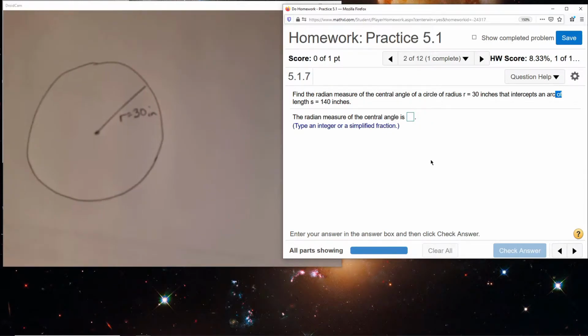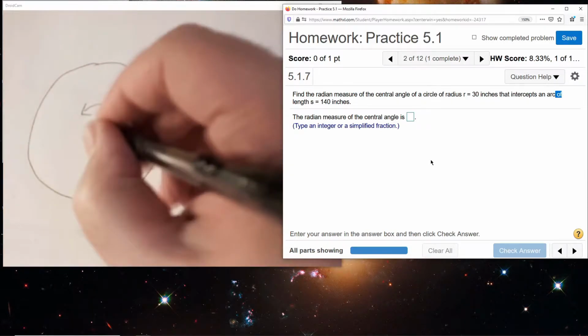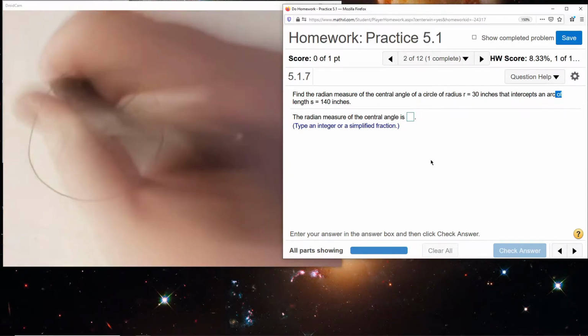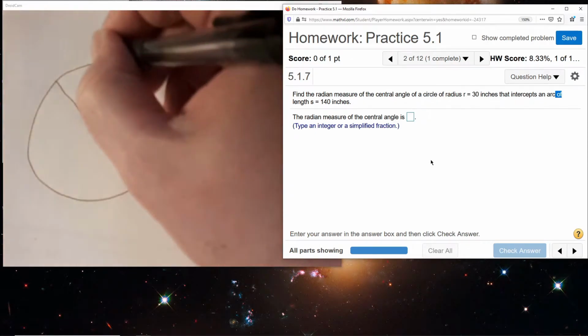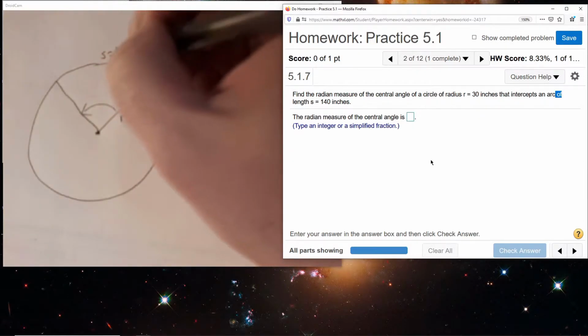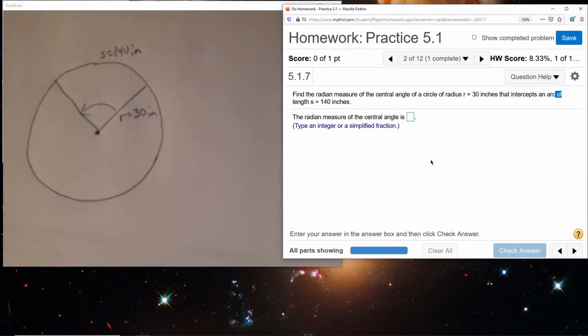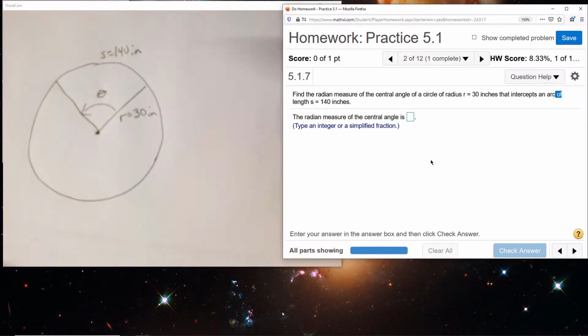So they're saying we have some position, we rotate through to some other position, and they're telling us what S is. They're saying that this arc length is 140 inches. And so they're asking then, what is the radian measure of the central angle here?